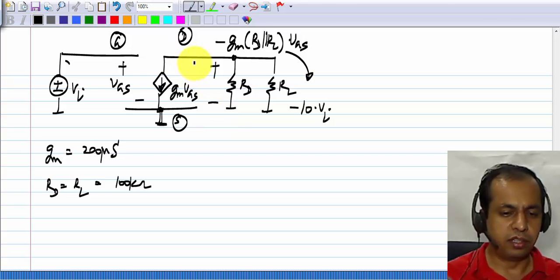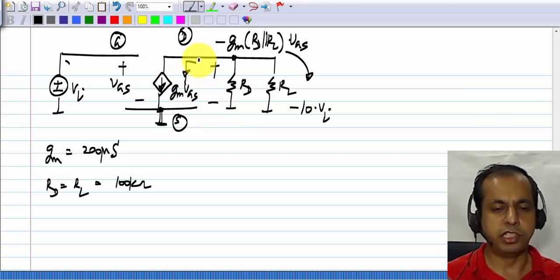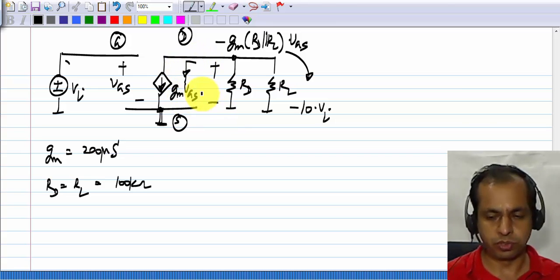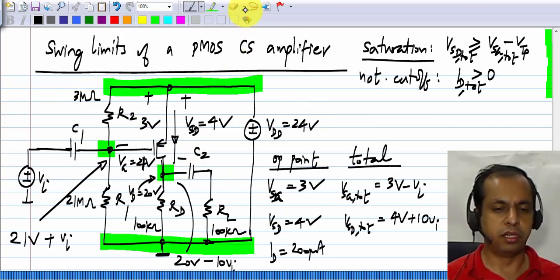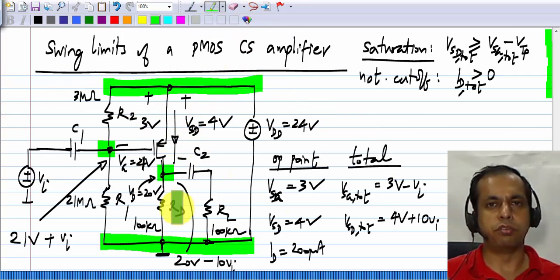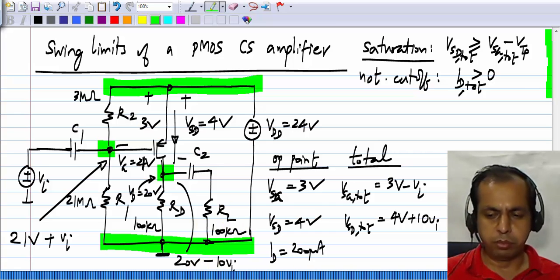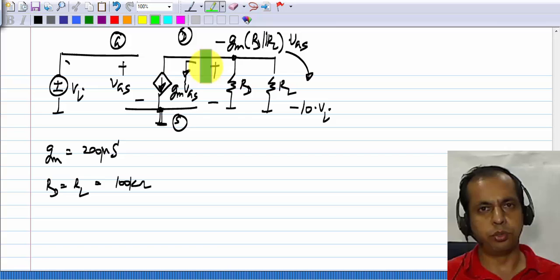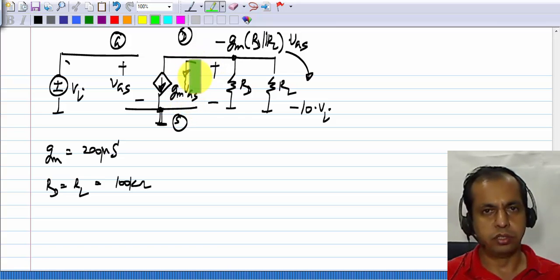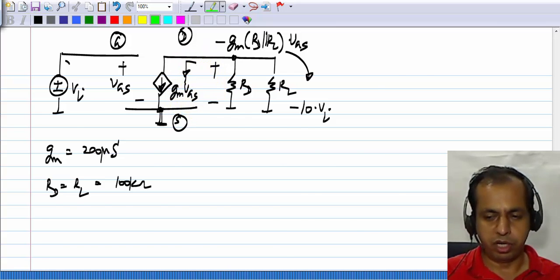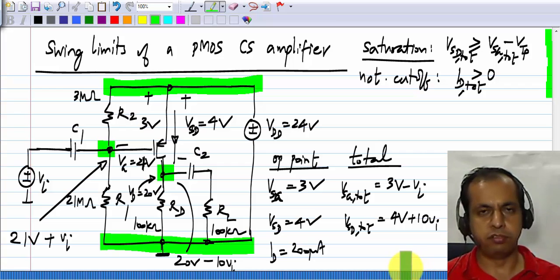You can see that this incremental drain current GM VGS is going from drain to source. But here, the total drain current is going from source to drain. The incremental drain current is GM times VGS going into the drain. So the incremental current coming out of the drain is minus GM times VGS.